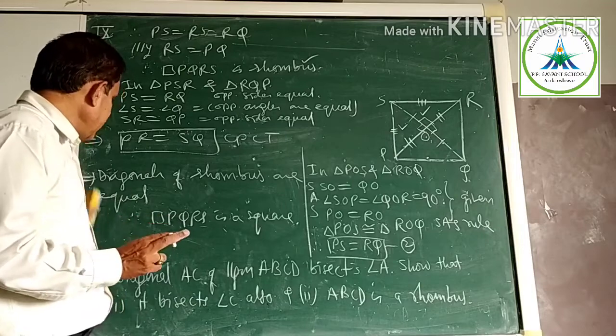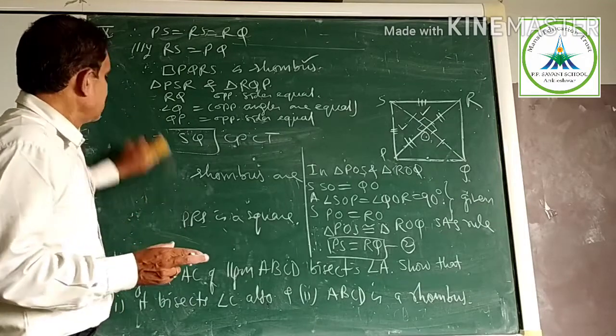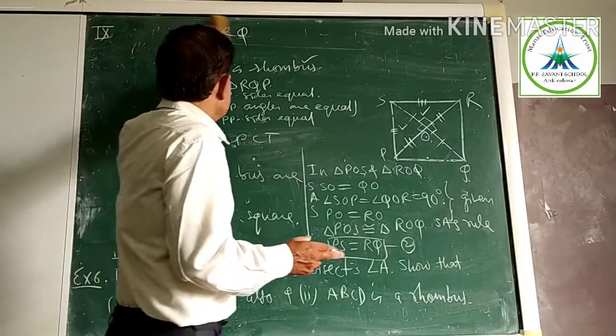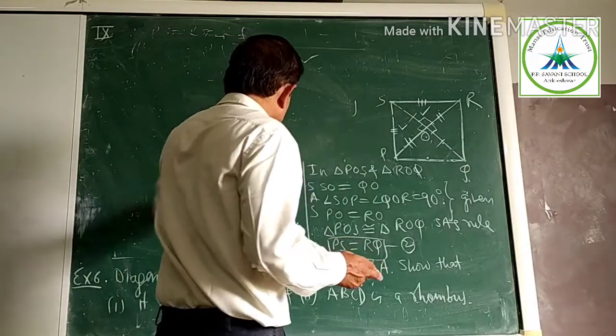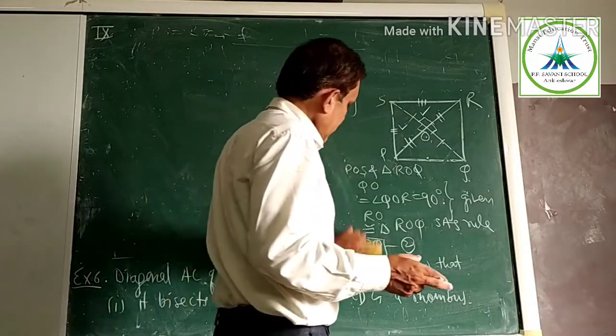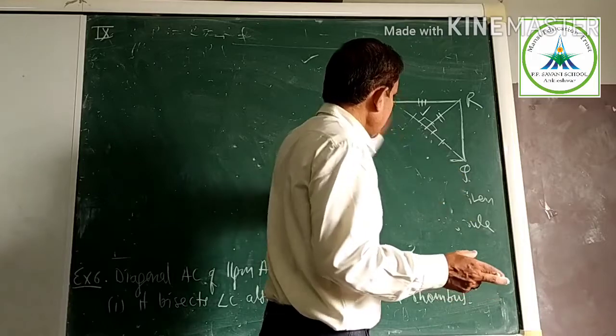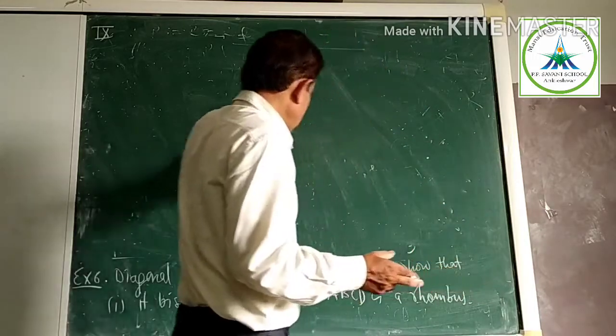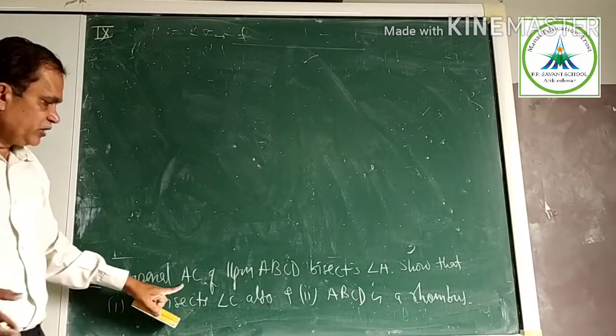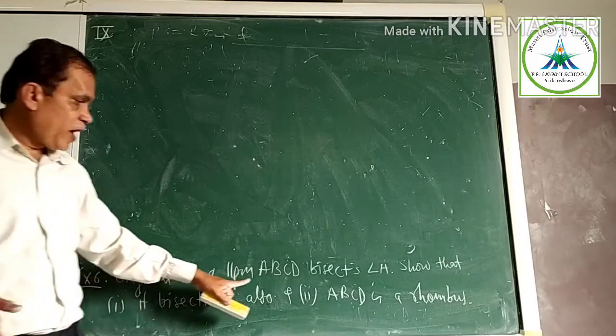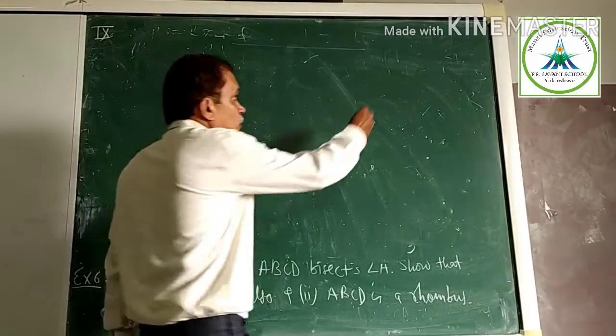Okay, now we will see example 6. Read it yourself, all of you. Example 6, very simple. Diagonal AC of parallelogram ABCD. First draw parallelogram ABCD.